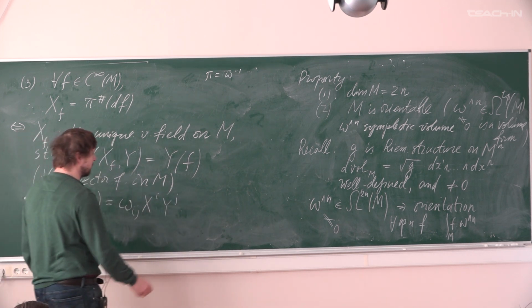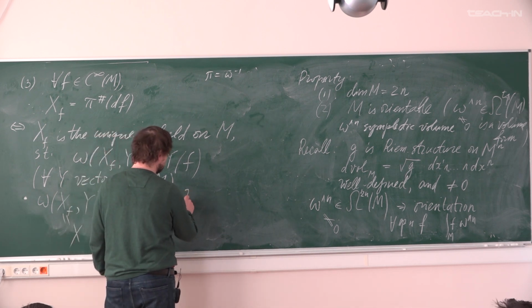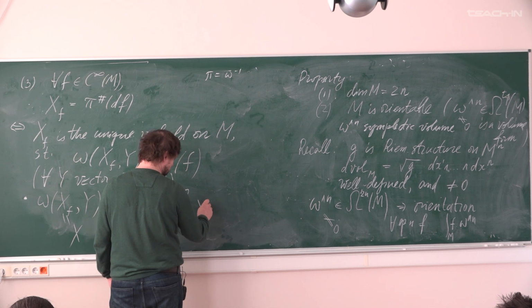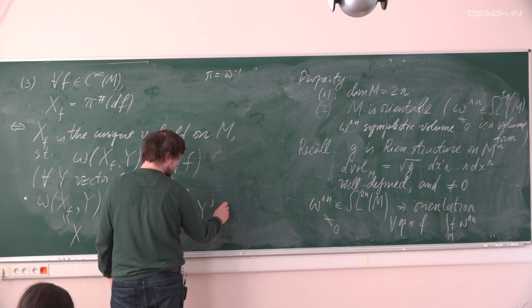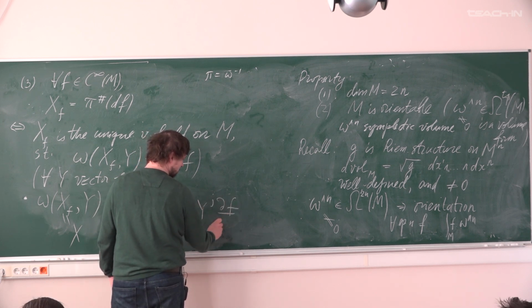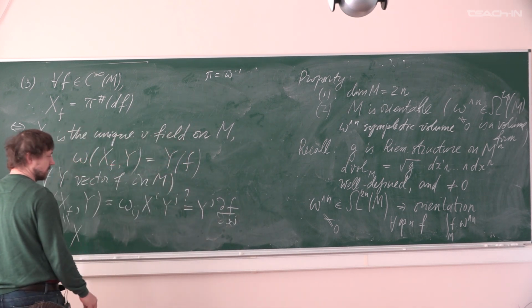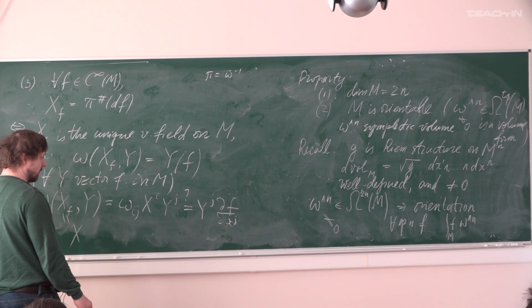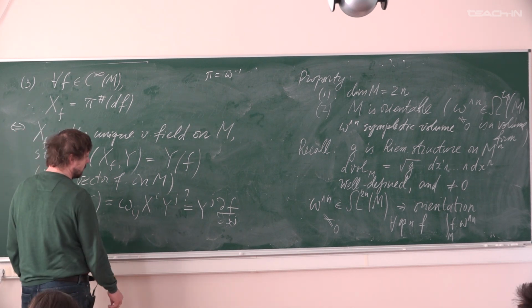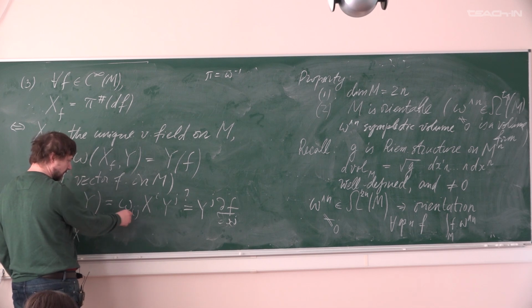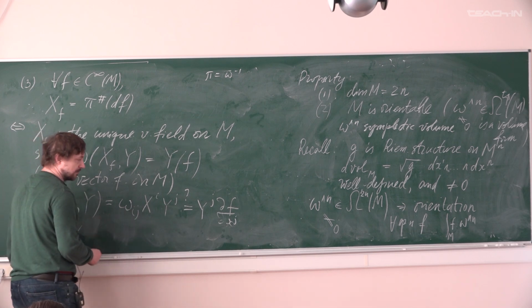And this should be equal to Y applied to f. What is Y applied to f? That's y^j df/dx^j, just this. So now we can apply omega inverse to this.